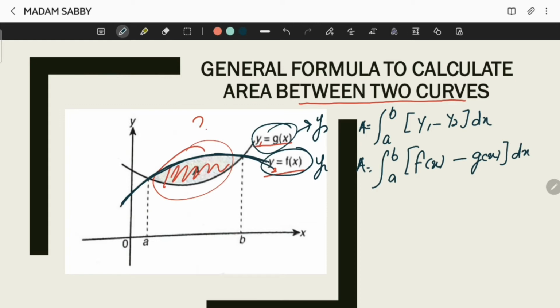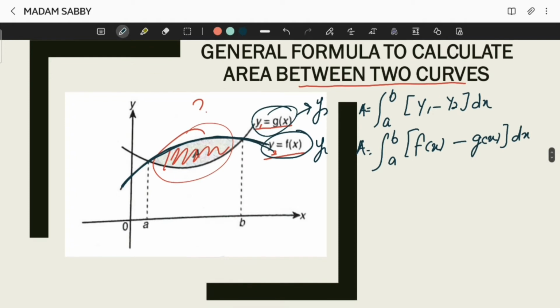But if you are confused and you label the wrong y1 and y2, that's okay. You will still get the same answer. It's just that you will get either a positive area or a negative area. That doesn't matter, because in your final answer you should state that it's a positive area.